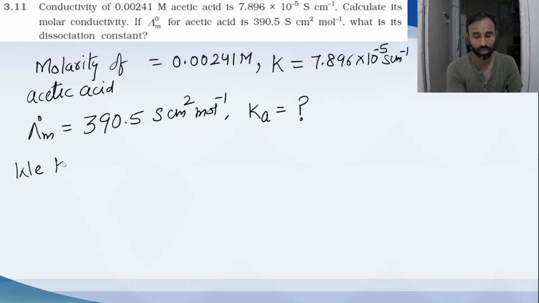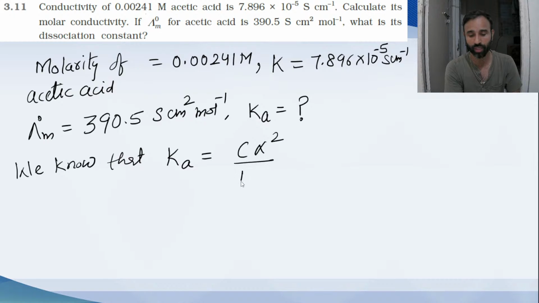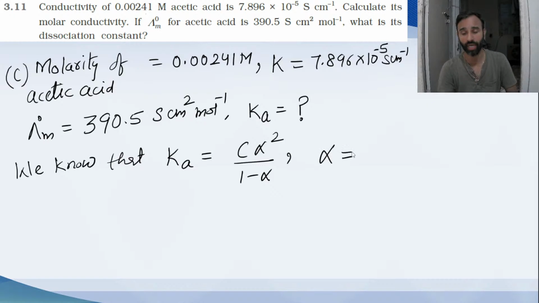We start from here. We know that the dissociation constant is C alpha square over 1 minus alpha. What is required is C and alpha. We have C, the molarity of acetic acid. Alpha is not given, which means we have to calculate alpha.